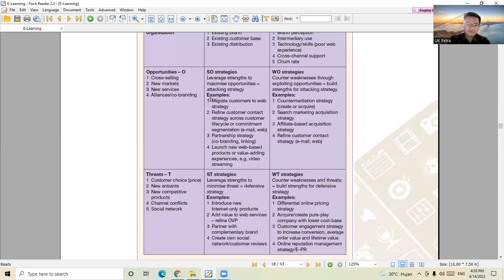For example, the first strategy, migrate customers to web strategy, is still general, right? How to migrate? Then you have to move it to the plan or tactics, make it more detailed in terms of the digital marketing plan. Or based on SOSTAC, we call it the tactics. How exactly do we get there?